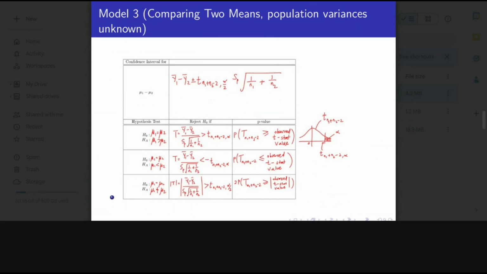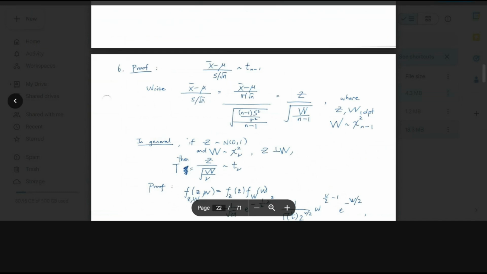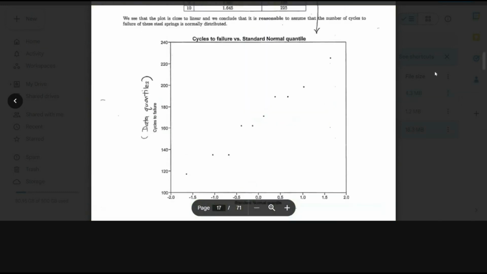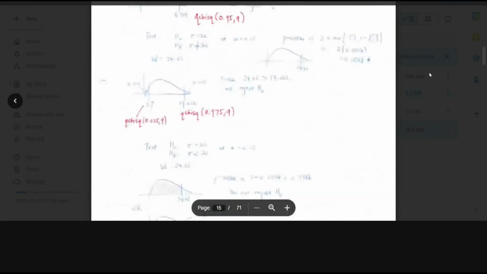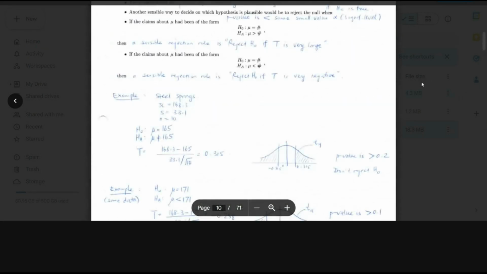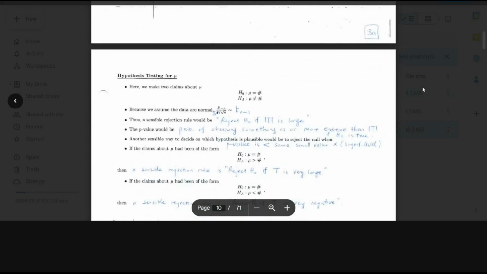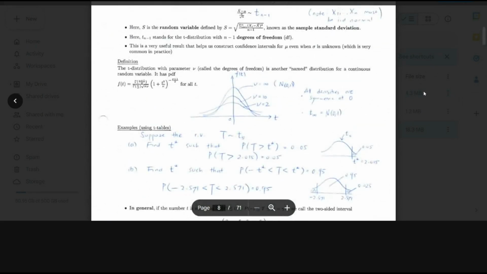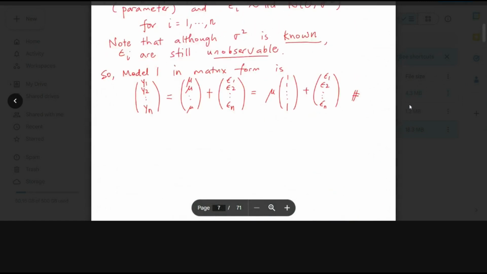Let me see if I can flash back to long ago when we were doing it for one sample. I'm just trying to show you the consistency here.